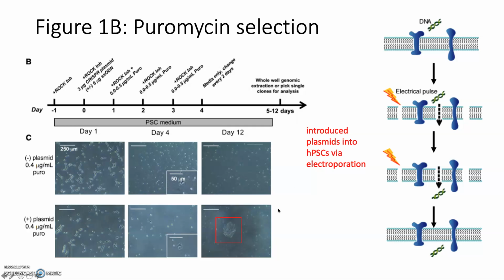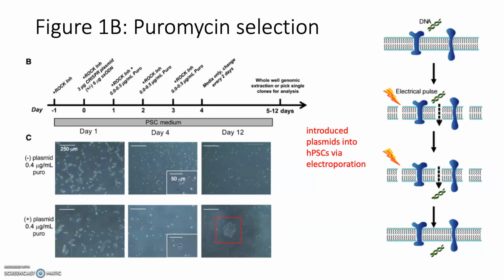So what about figure 1b? This is the second part of the figure. After they introduce that SSODN, they look at puromycin selection, which is that stringent selection that they were talking about in the hypothesis.